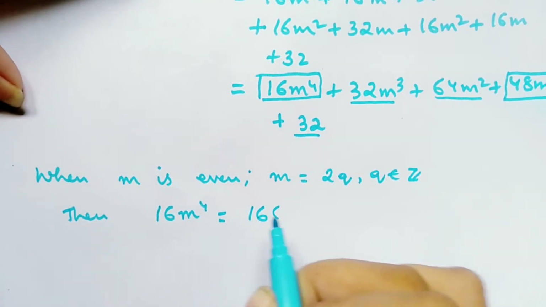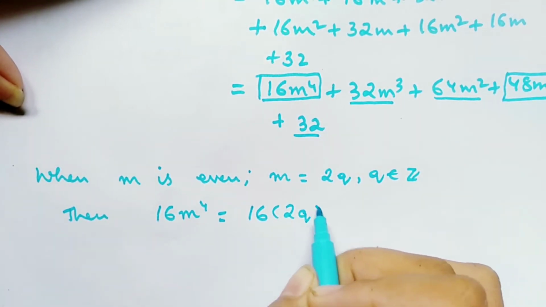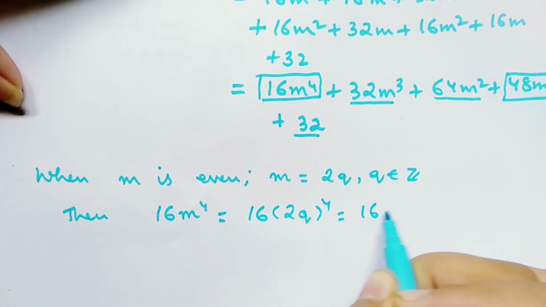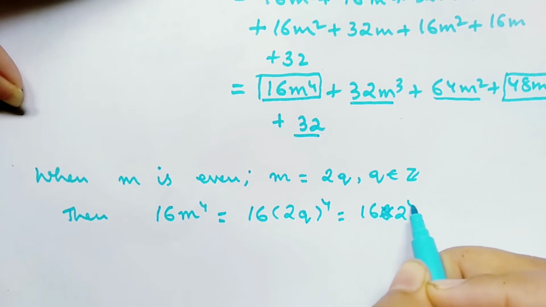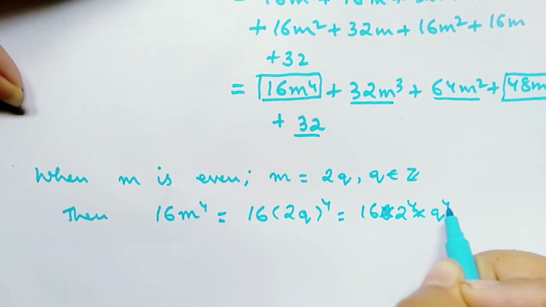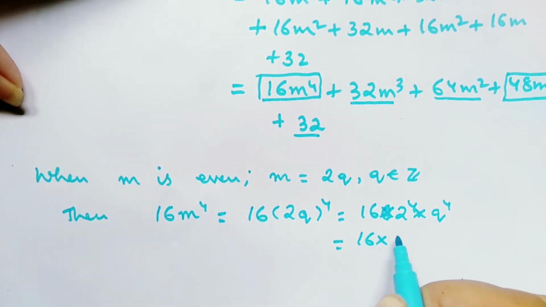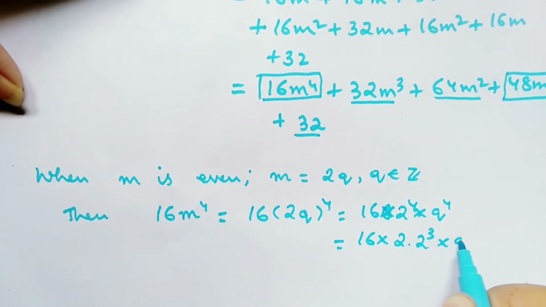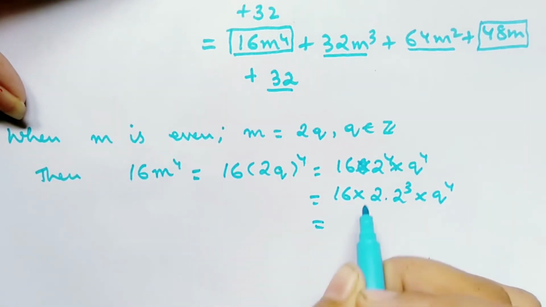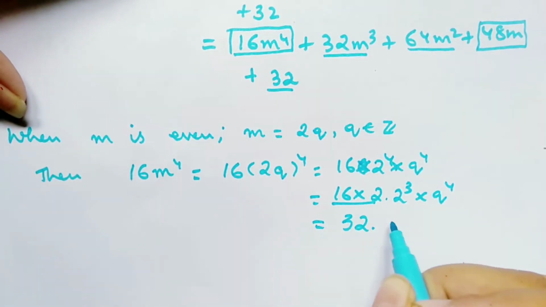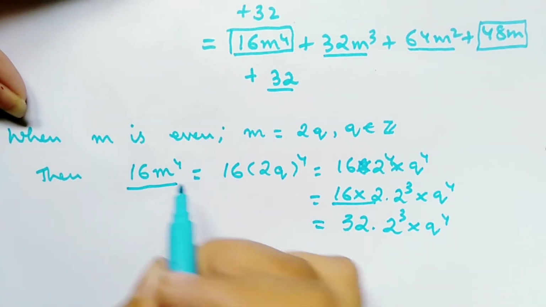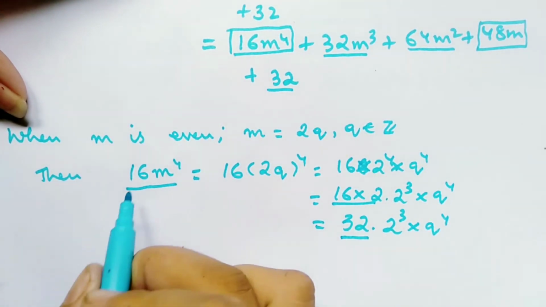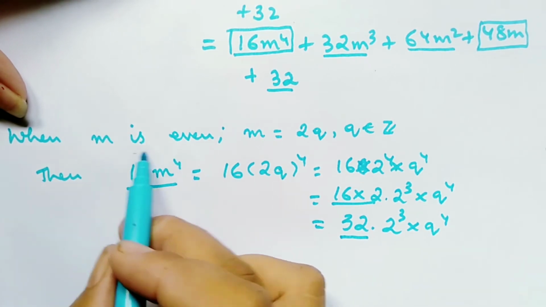Here we can write 16(2q)⁴ as 2⁴ times q⁴, and next we can write 2⁴ as 2 times 2³, so we have 32 times 2³q⁴. Now see, this is a multiple of 32, so this is divisible by 32 when m is even.